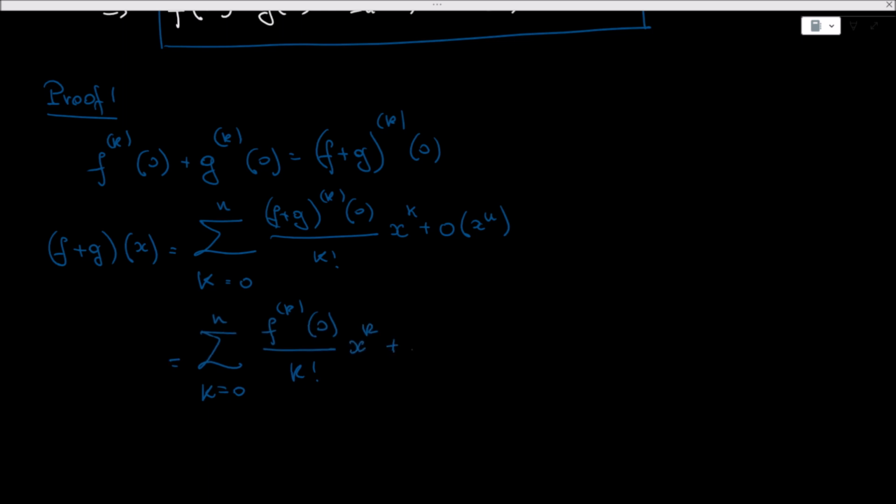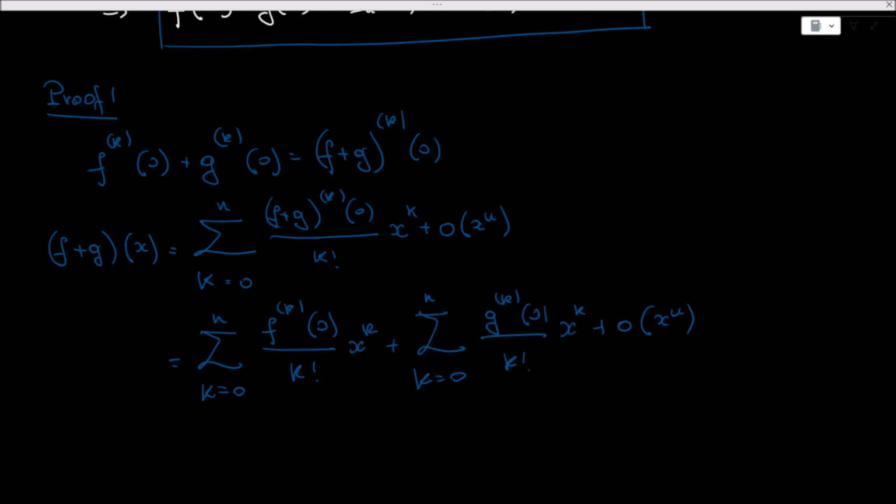plus the sum for k from 0 to n of the derivative of order k of g evaluated at 0 over k factorial times x to the k, plus little o of x to the n.